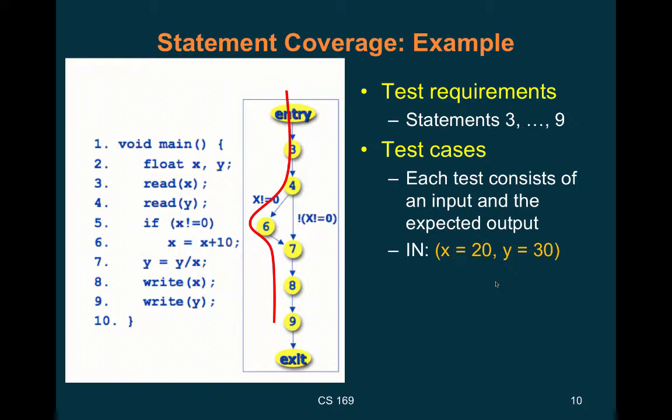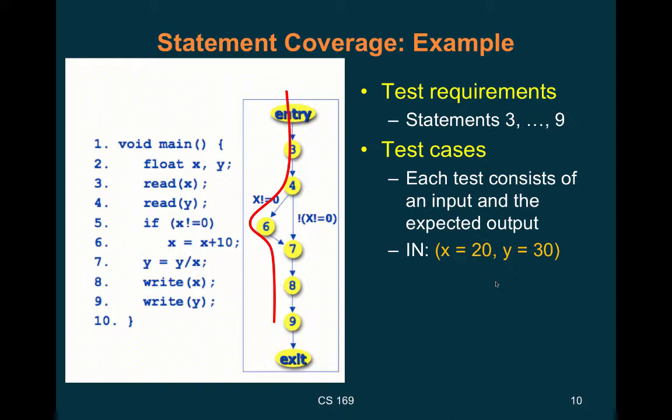So in some way, if you picked an input with X is 0, it would go 3, 4, 7, 8, 9. It would not give you 100% statement coverage. But in some way, it's a better input if your goal is to find bugs. Okay? So one thing that I want you to keep straight is I teach you coverage criteria.